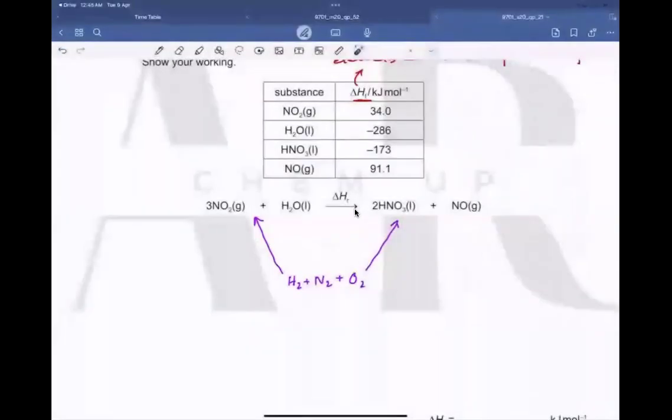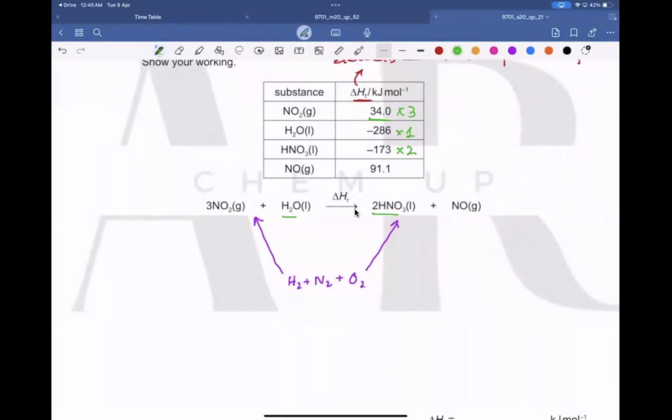So 1 mole of a compound is formed. If you see 3 moles of NO2 are formed, it means that its value would be times 3. 1 mole of water is formed, so it remains times 1. 2 moles of nitric acid are formed, so its value would be times 2. And 1 mole of NO, so it stays 1.